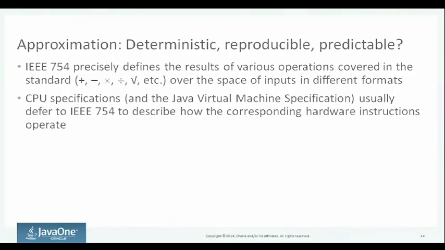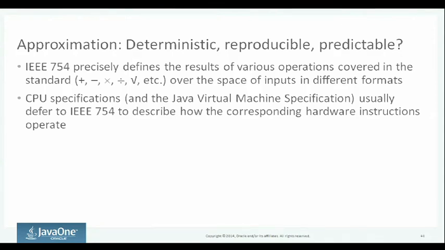So if you pop open the JVM spec and turn to the page for the dadd instruction, which talks about what to do when you add double numbers, it'll say something to the effect of, do what IEEE 754 says to do when you add up 2 double numbers.